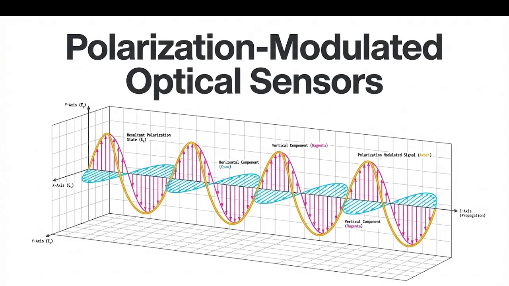But what about the polarization? Polarization is quite difficult to measure, but the advantage is it can carry much more intense information compared to other optical sensors.